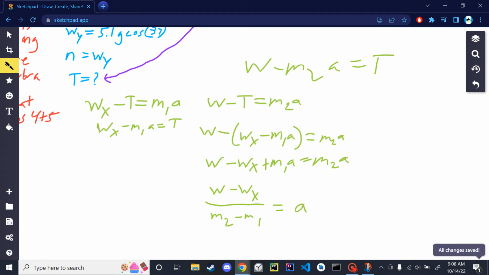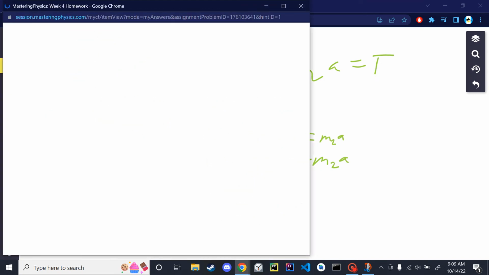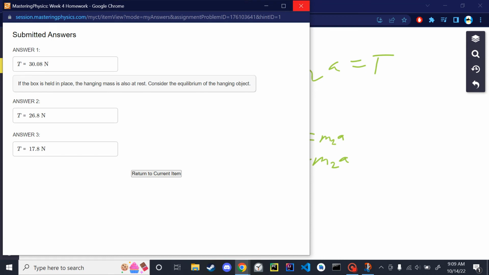So that would be 2.4 times 9.8 minus 2.4 times the acceleration, 17.8 newtons. Okay, that's also wrong.